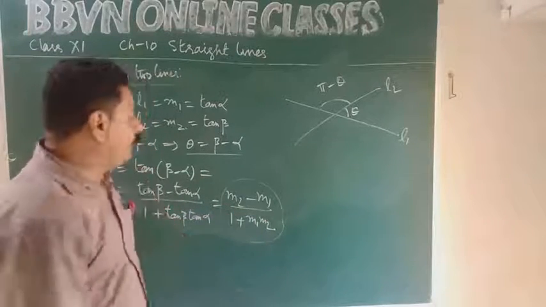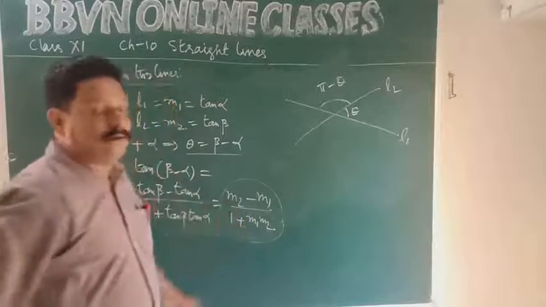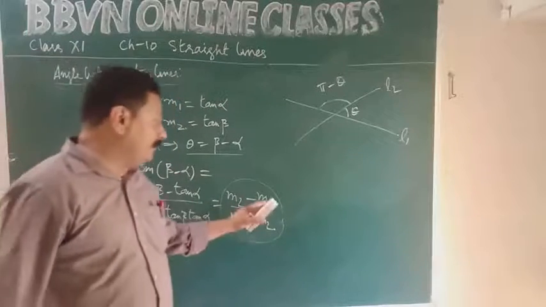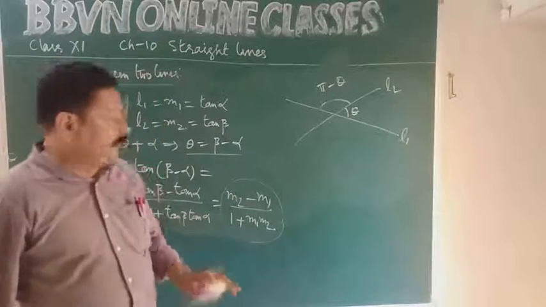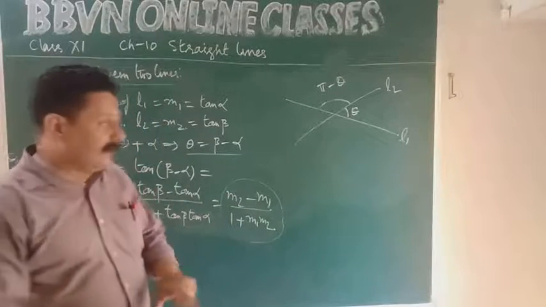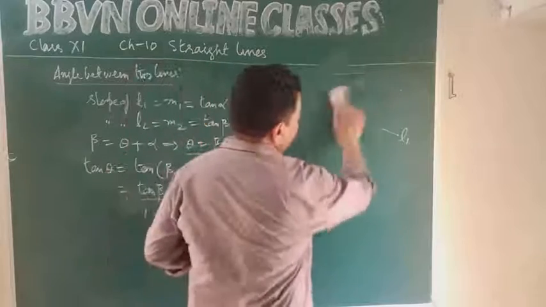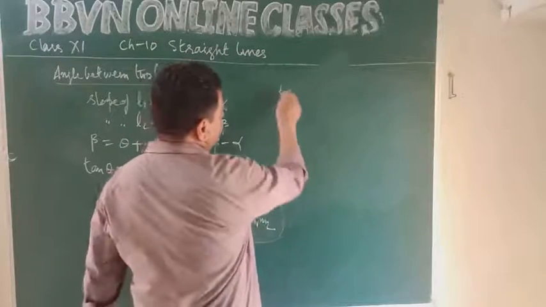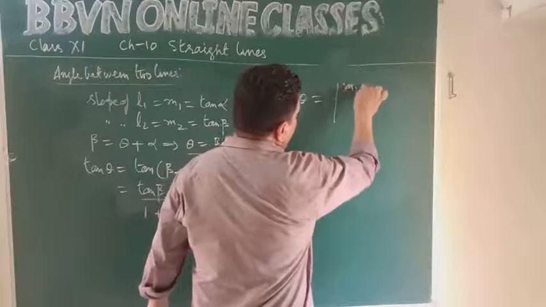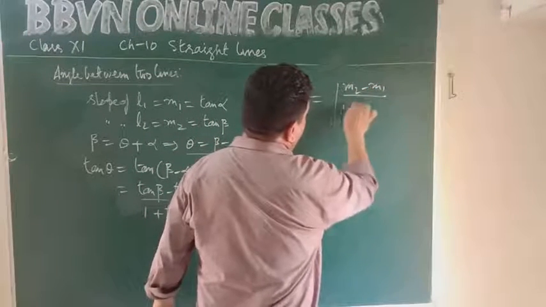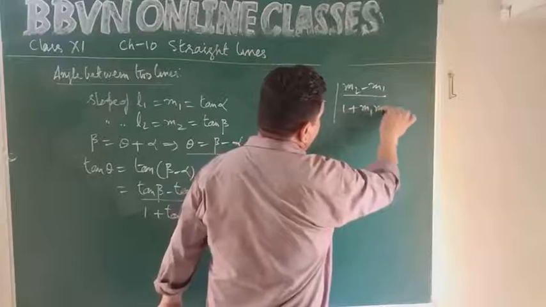So how do we know whether m2 is greater than m1 or m1 is greater than m2? If m1 is greater than m2, then m2 minus m1 will be negative. To nullify this effect, what do we do? We simply write tan theta equal to modulus of m2 minus m1 upon 1 plus m1 m2.